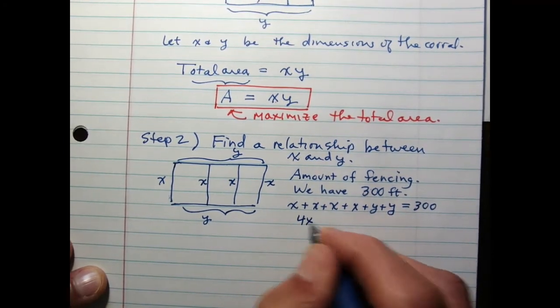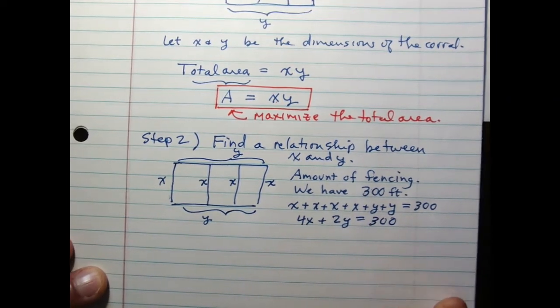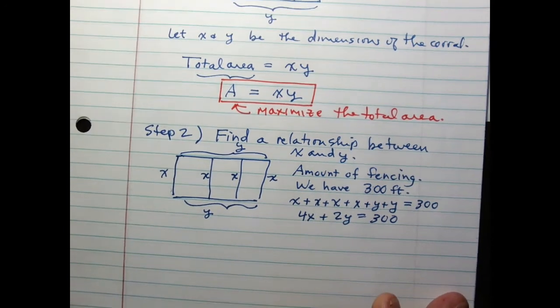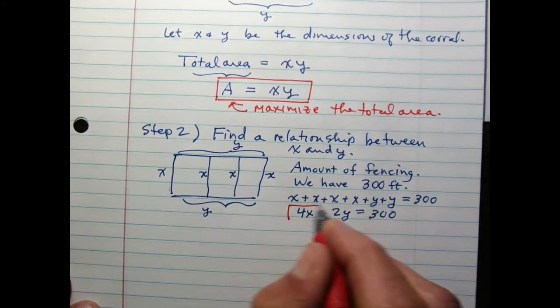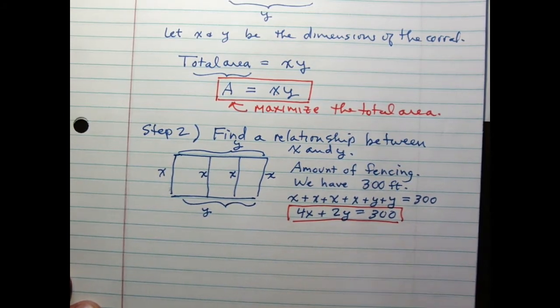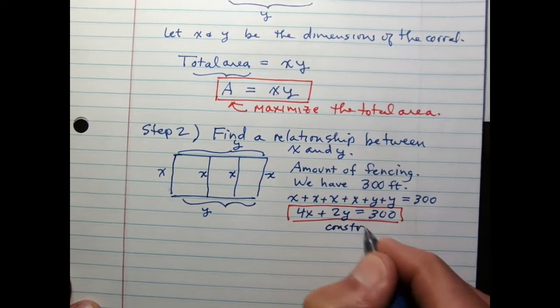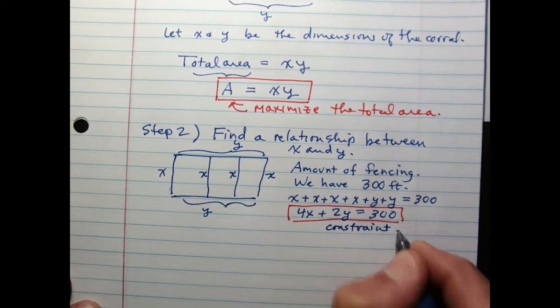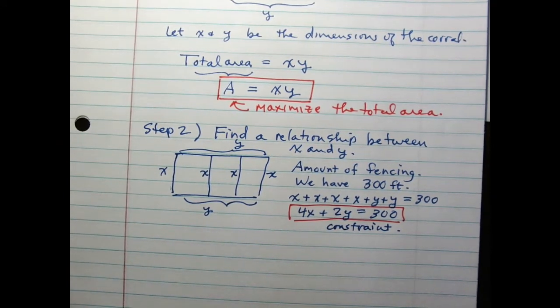That's 4X plus 2Y equals 300. So that comes from the amount of fencing involved here. This equation between X and Y is what I call our constraint. So that's the relationship between the variables that we need to find.